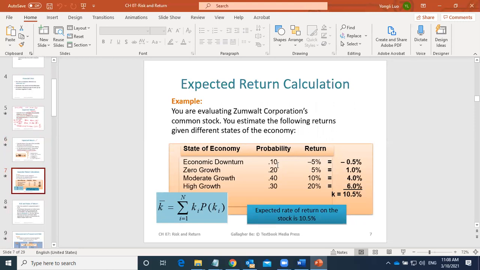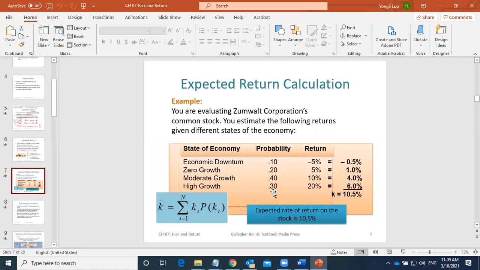You can see the probability of different economic conditions for the next time period: 10% economic downturn, 20% zero growth, 40% moderate growth, 30% high growth. When you sum those probabilities up, it should be 100%.